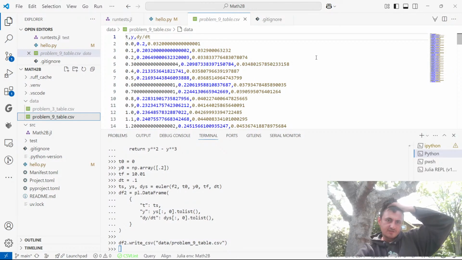It actually is increasing. But wait, that doesn't make sense, right?